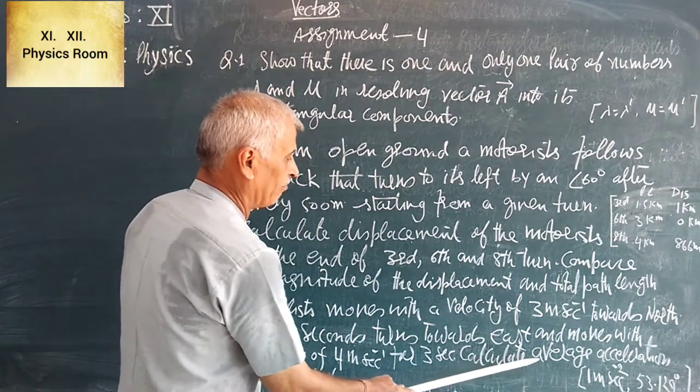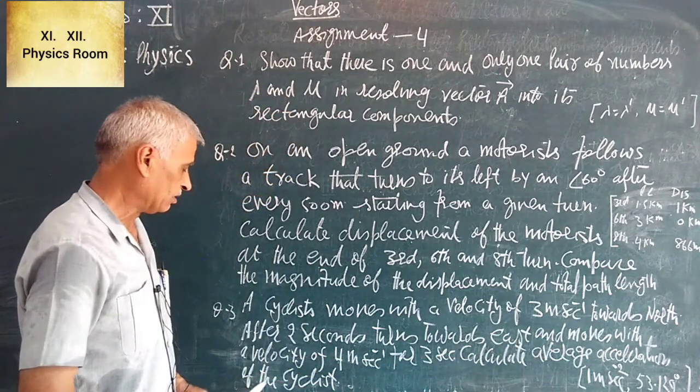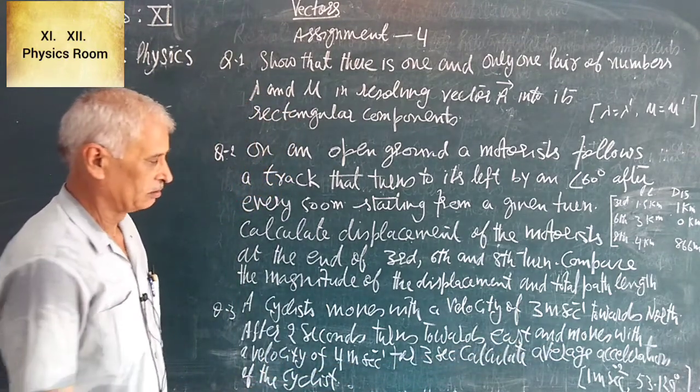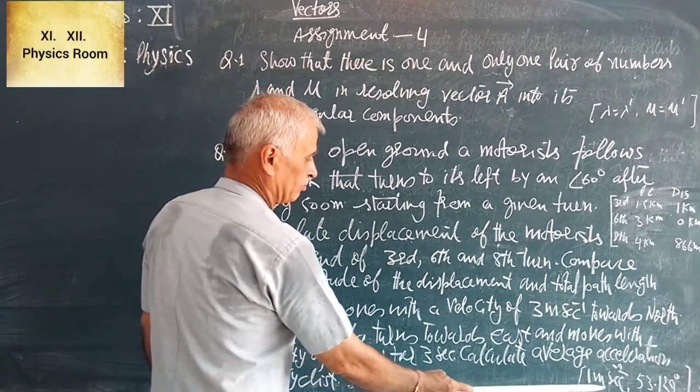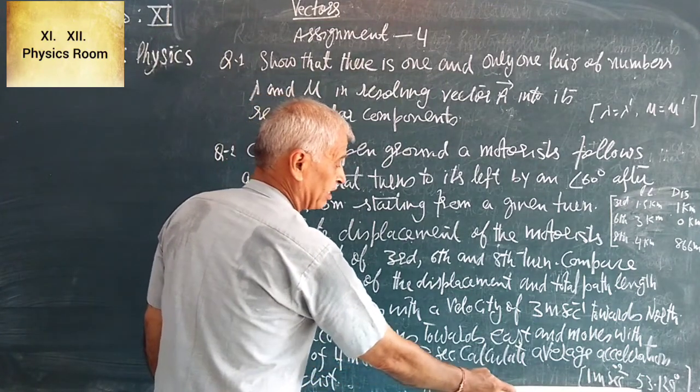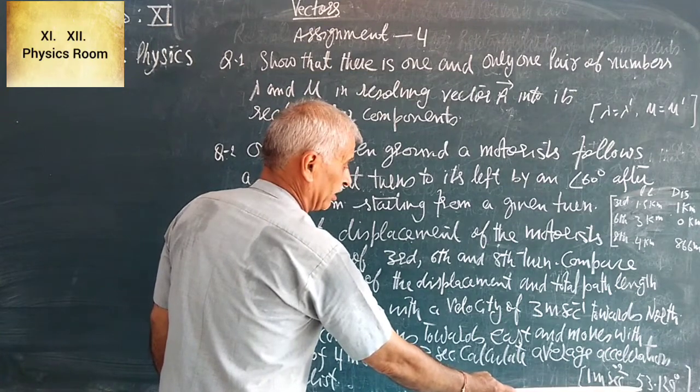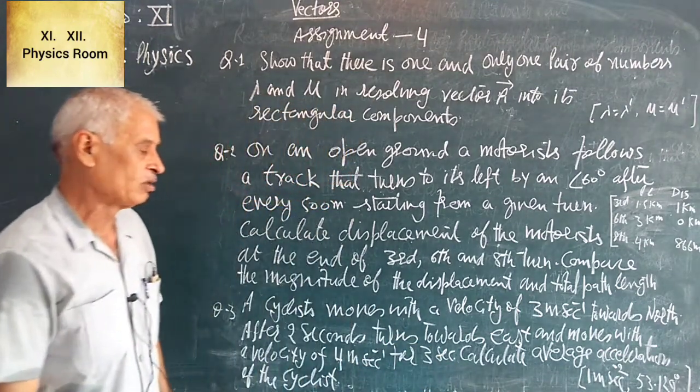Calculate the average acceleration of the cyclist. So here is the answer given. 1 meter per second square is the average acceleration, and the direction is given by 53.129 degrees.